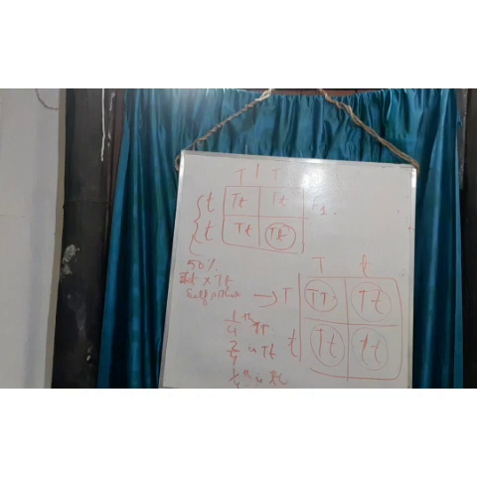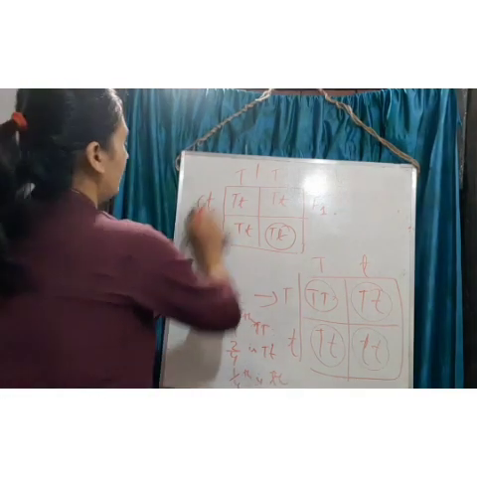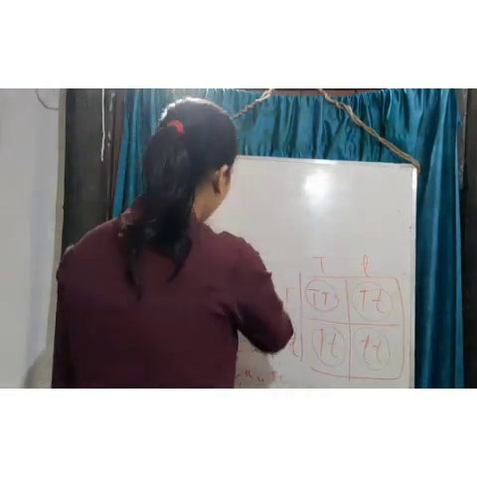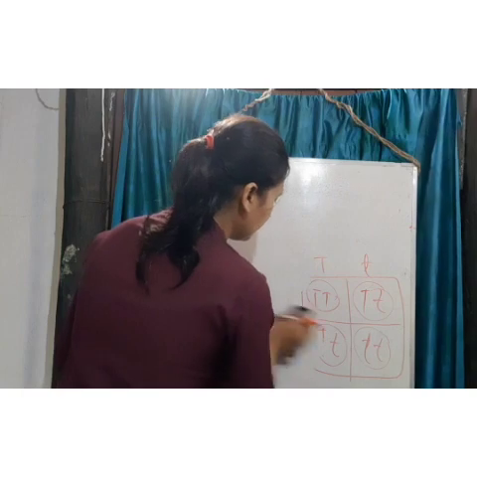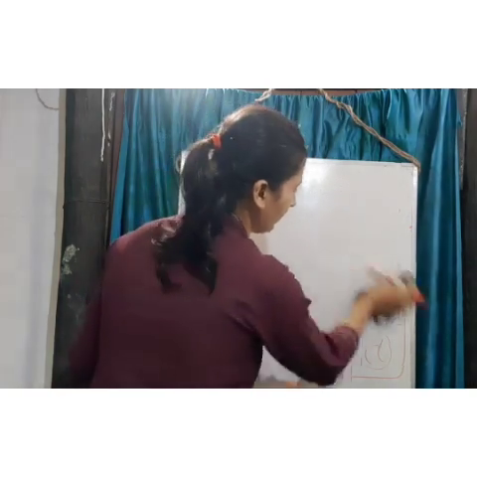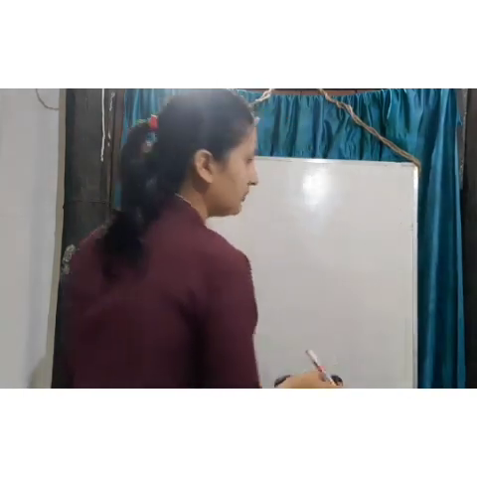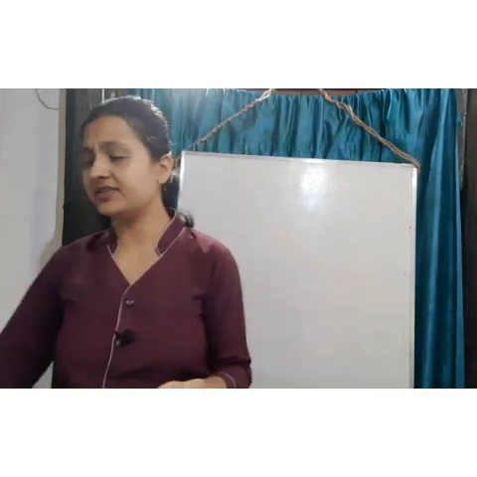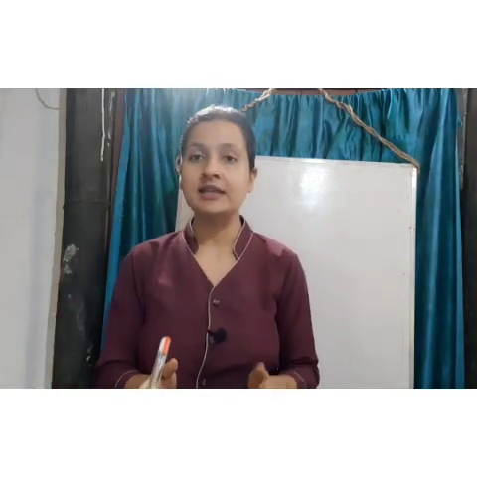So to know the genotypic composition, to know from where this genetic makeup is coming to the F1 generation, Mendel did something. See, in the first generation all were tall, right?